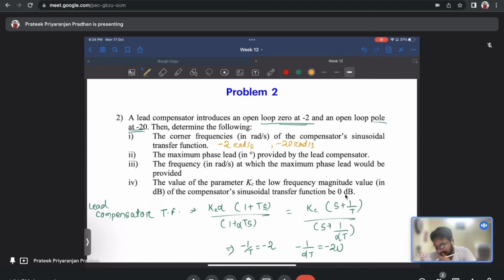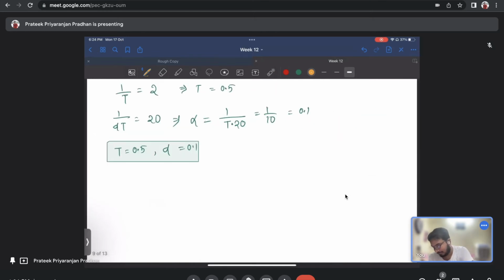And the second question: the maximum phase lead provided by the lead compensator. We know the formula: phi m is equal to sine inverse of (1 minus alpha) divided by (1 plus alpha).